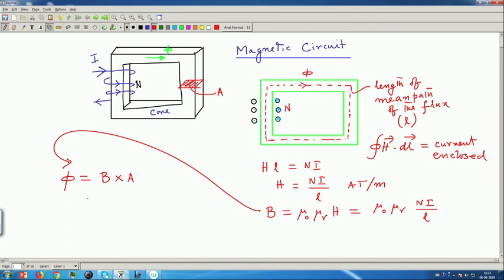This cross sectional area is perpendicular to the flux at any section. Therefore, flux in Weber will be B into A, and B I have already calculated. So, I substitute that: mu 0 mu r N I by L, this is H, into area.